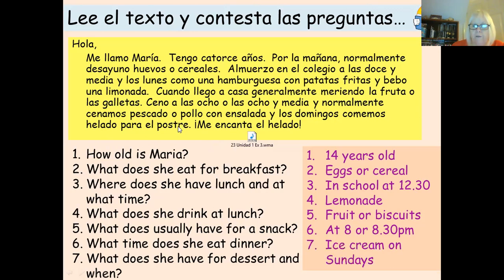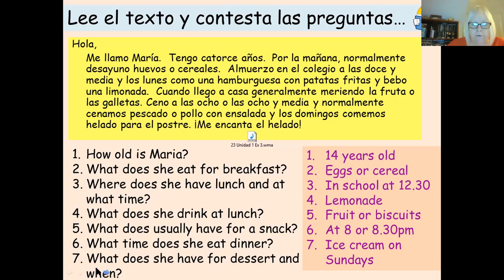So you should have got ice cream on Sundays. Me encanta el helado. I love ice cream. So I'm hoping you got some new words written down there that we hadn't already highlighted, and hopefully you got all the information you needed here. Check, correct in red pen, make a note of the stuff that you didn't know, and then work out how you're going to know it for next time, how you're going to learn it.